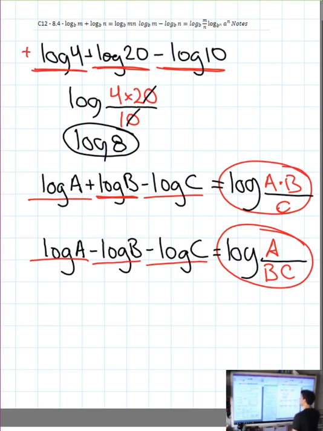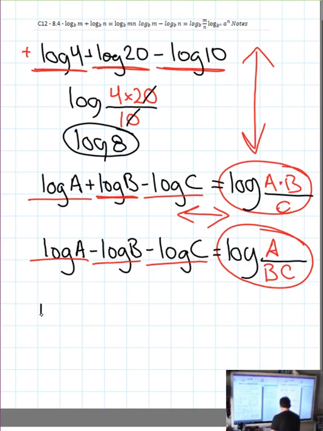Let's go back in the other direction with the question we just figured out. So we have to make sure that we can go back and forth with all of these different rules, changing from a single log to a multiplication or addition and subtraction of logs. So now going back in the other direction, we have log A over BC.